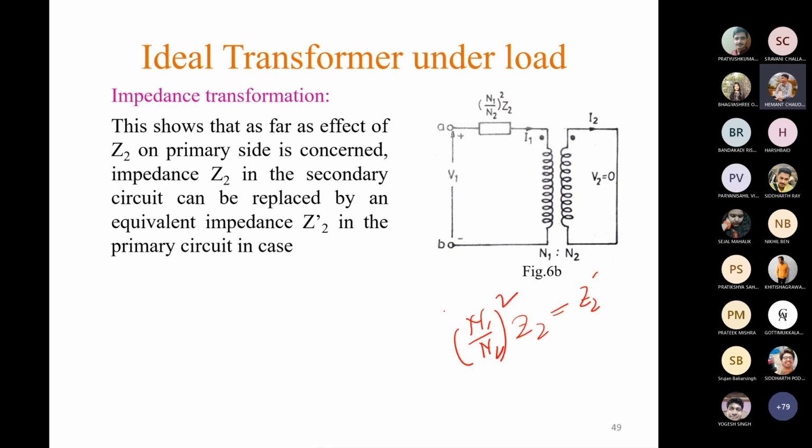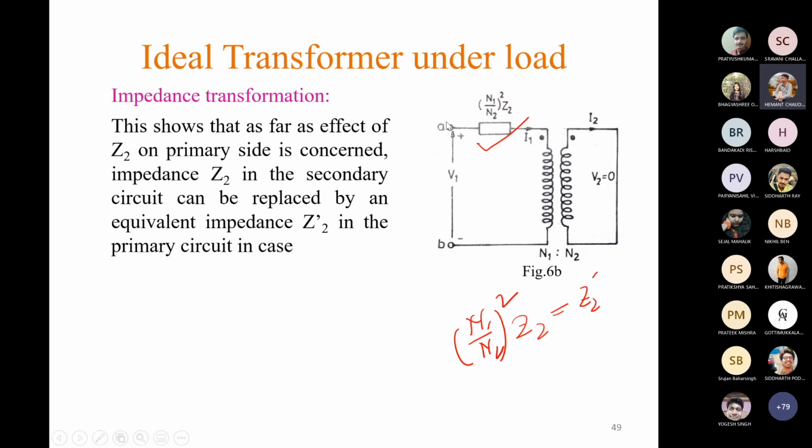So this is the equivalent of Z2 while connected in the primary side. Okay, so keeping all these transformation of voltage and current same, we have replaced the impedance Z2 by Z2 dashed and connected it to the primary side.